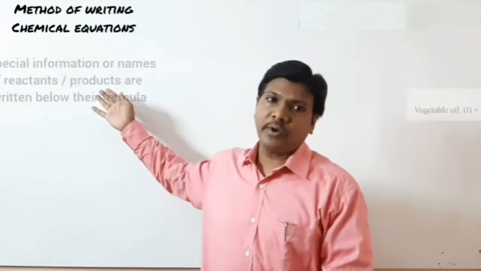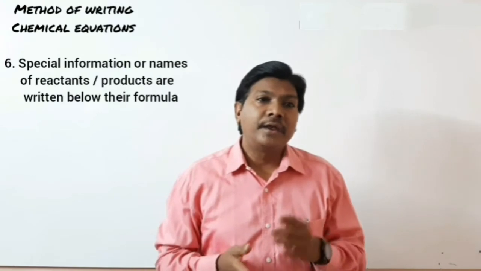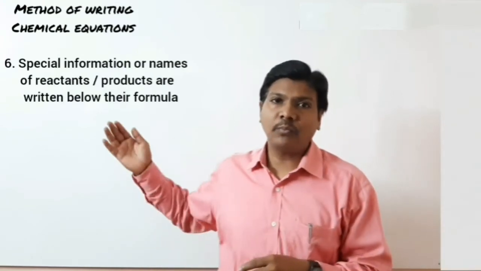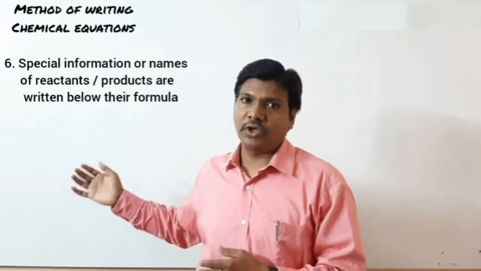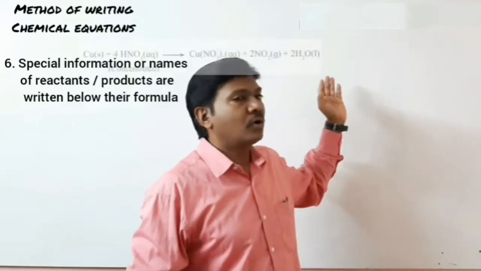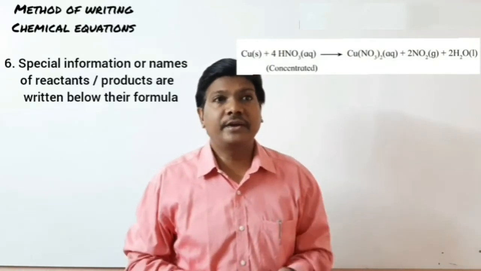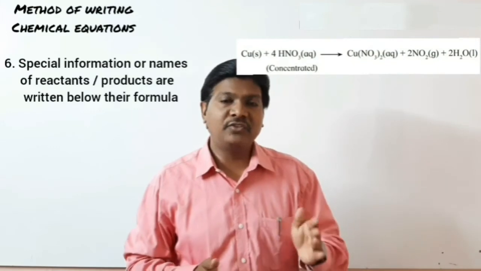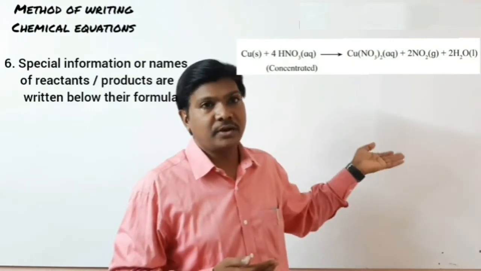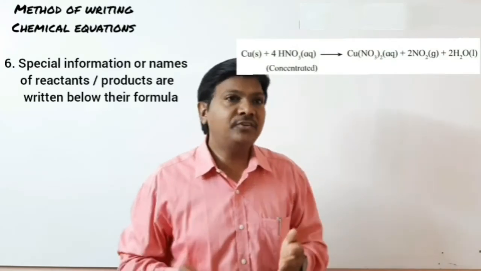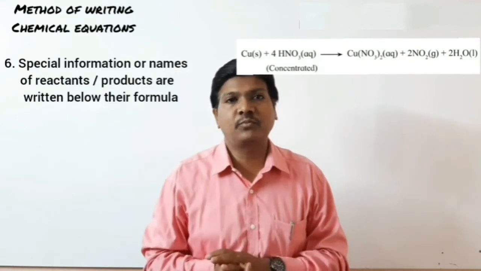Then fifth, special information or names of reactants or products are written below their formulae. For example, copper on reaction with concentrated nitric acid, HNO3, here it is concentrated nitric acid. At that time reddish colored and poisonous nitrogen dioxide gas is formed.